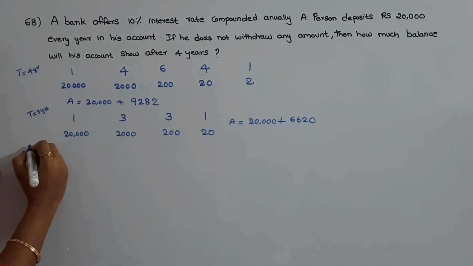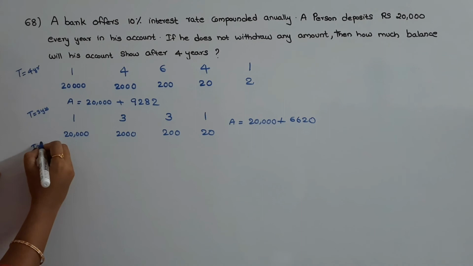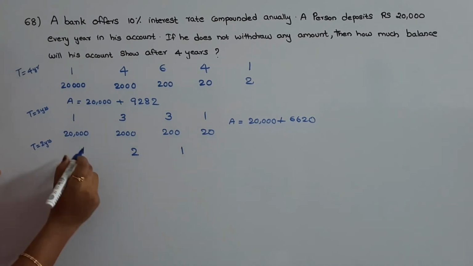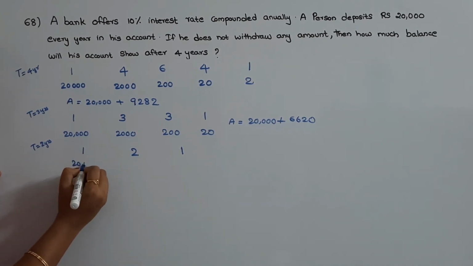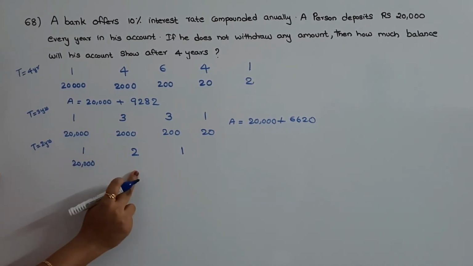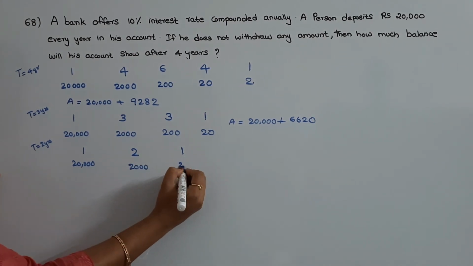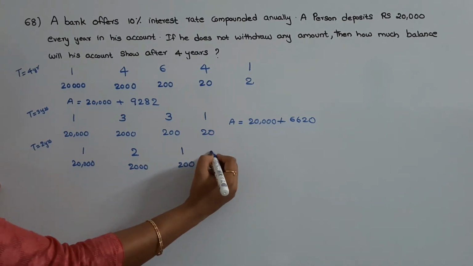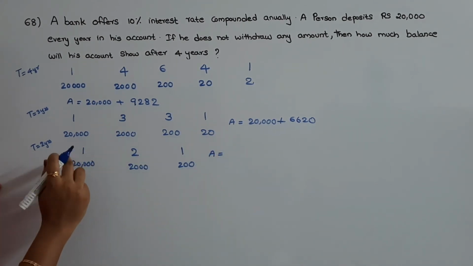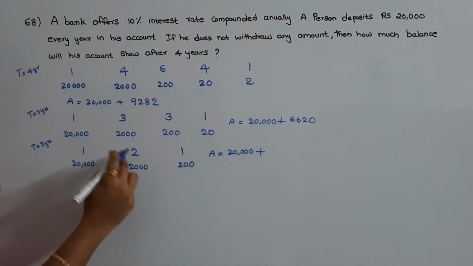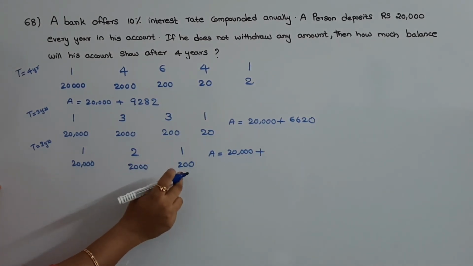Now let us find out the amount for time period 2 years. So write 1, 2, 1. Below this one 20,000. Then 20,000 into 10 by 100, that is 2,000. So here it will be 200. So amount will be equal to 1 into 20,000 plus 2 into 2,000 plus 1 into 200.